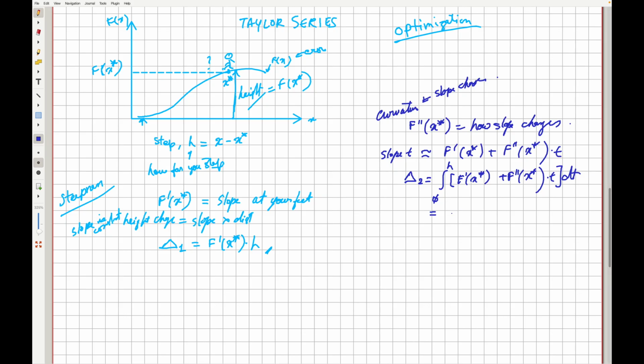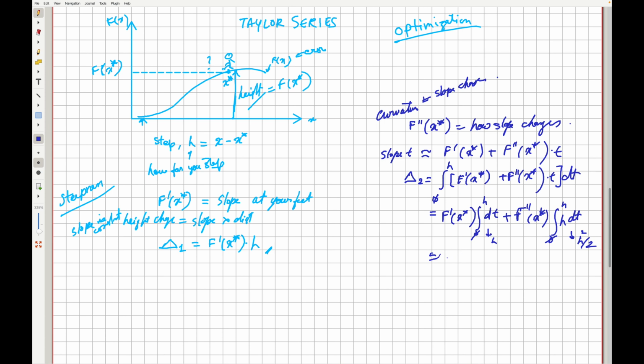So this is f prime x star times the integral from 0 to h of dt, plus f double prime x star times the integral from 0 to h of t dt. And so if we compute the first integral, it would equal h. If we compute the second integral, it would equal h squared by 2.